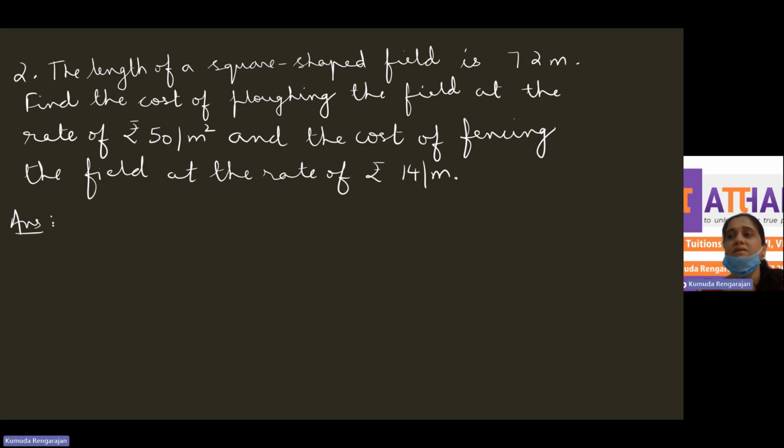Yes, Tanya is going to tell us how to work this answer. Yes, Tanya. What is given, Tanya? Okay, the side of the square field is given. Okay, find the area. 50 to get the cost of ploughing the field.